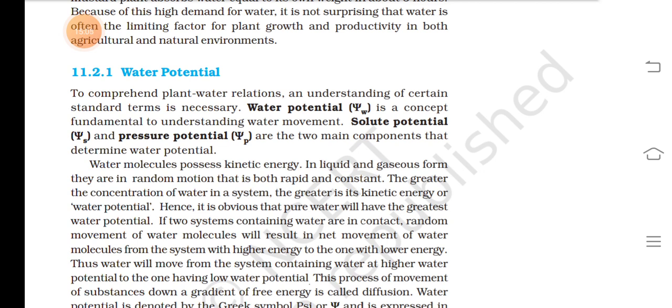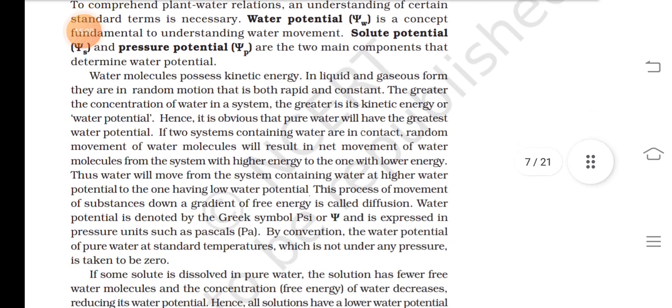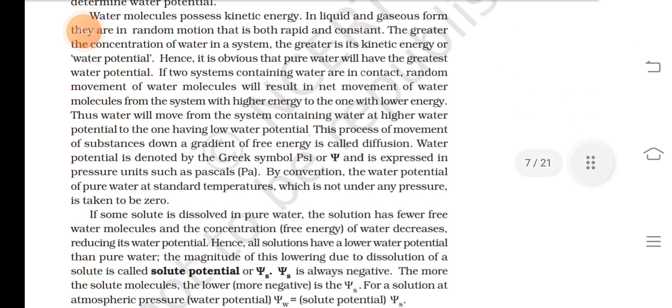If two systems containing water are in contact, random movement of water molecules will result in net movement of water molecules from the system with higher energy to the one with lower energy. Thus, water will move from the system containing water at higher water potential to the one having low water potential. This process of movement of a substance down a gradient of free energy is called diffusion.